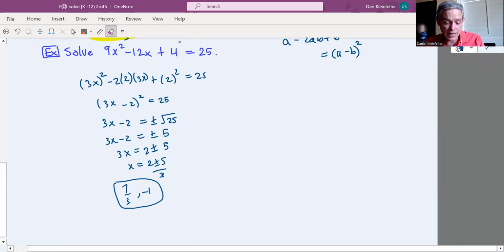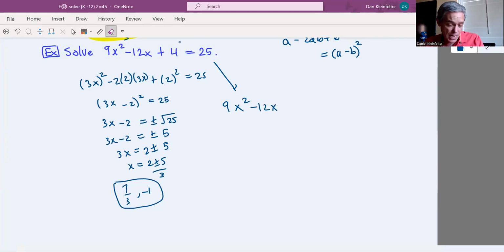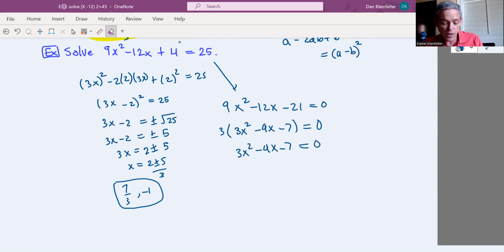So let's see how that might have looked. If we had 9x² - 12x - 21 = 0, here there's a common factor of 3 that we could divide out. So it would look like that. We would have had 3x² - 4x - 7 = 0.